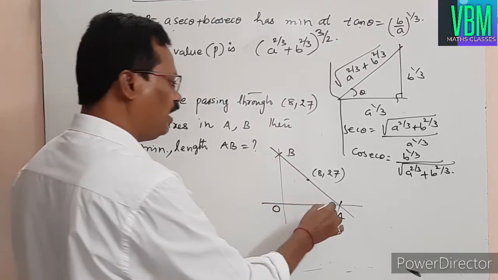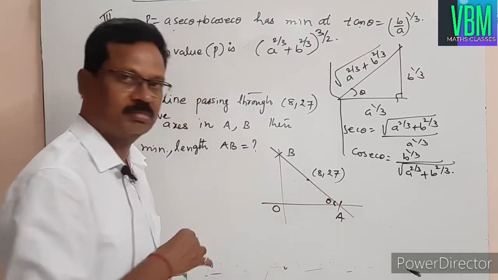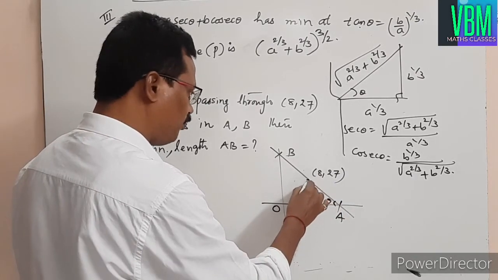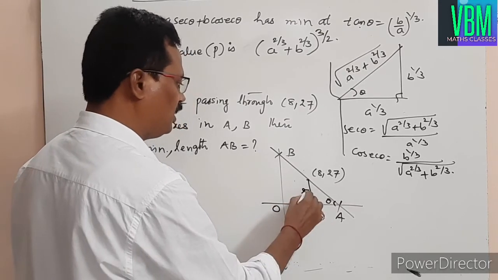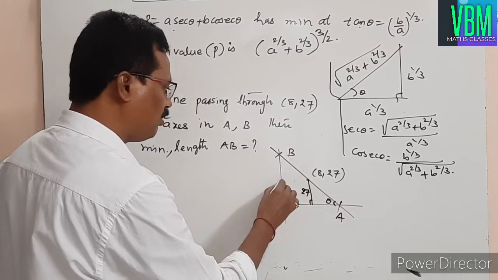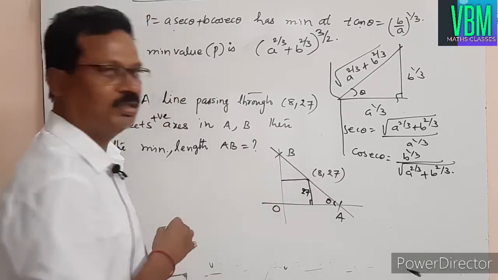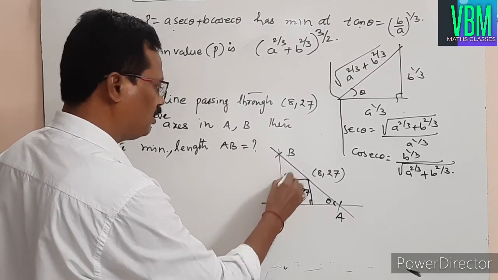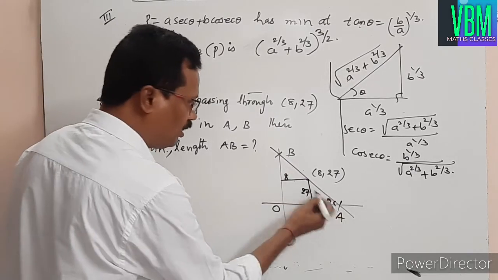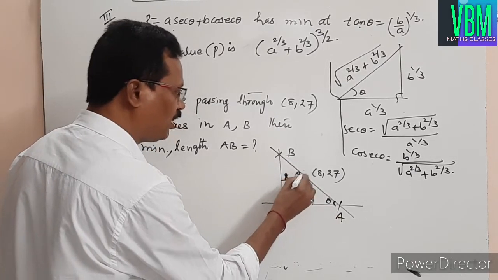Now this angle I am taking as theta. Now from this point draw this perpendicular. This is 27. And here draw the horizontal line. This is nothing but the x coordinate 8 we got. And here theta, here also the same angle will be there.